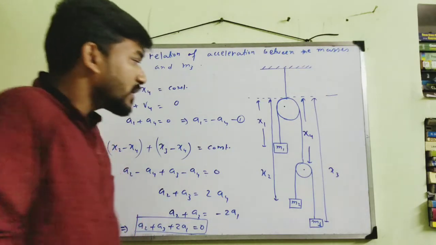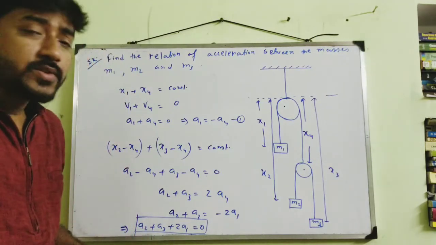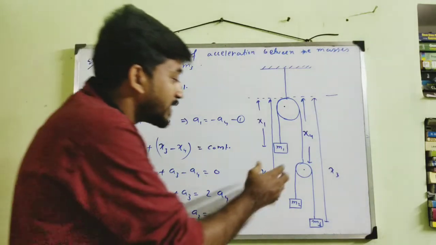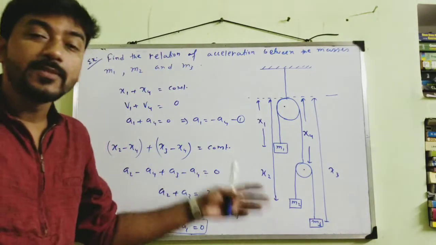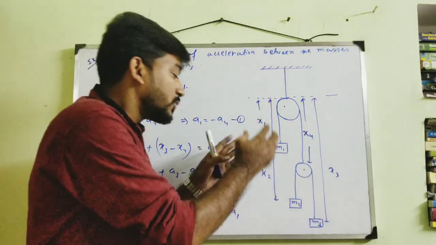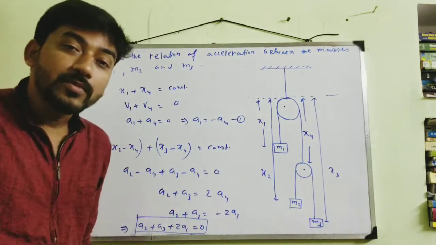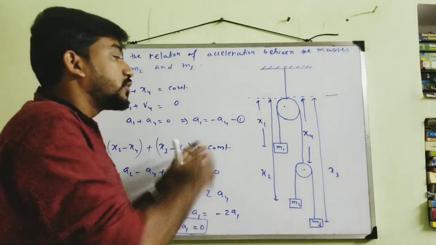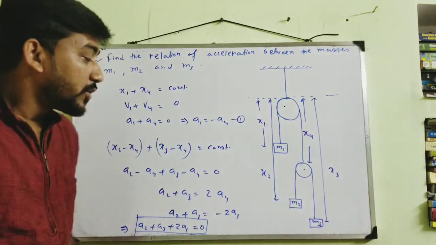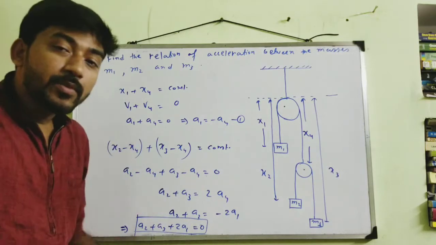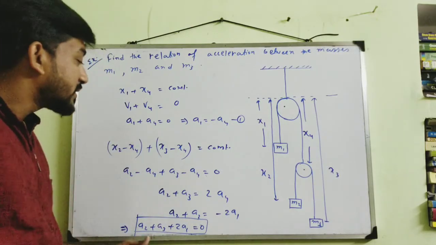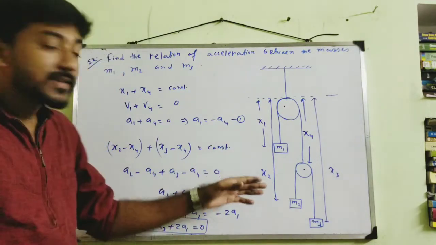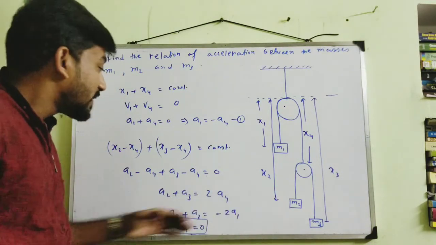Now, if the problem asks us to find the tension in the string and the acceleration of each block, then we will use the equations of motion from Newton's law, together with this constraint equation, which will give the result of the problem. In the upcoming lectures, I will discuss those types of problems, how we can determine the tension in the string as well as the acceleration of each block.